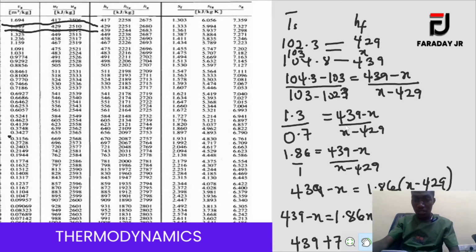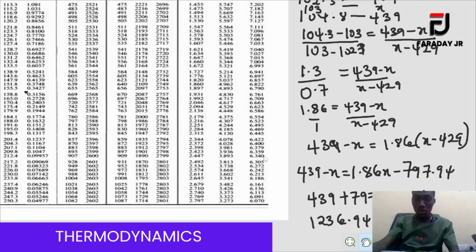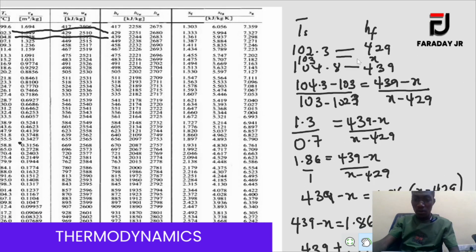So that means that if here is 429 and here is 439, we have 432 at this point over here. So here it will be equal to 432.496. Thank you.